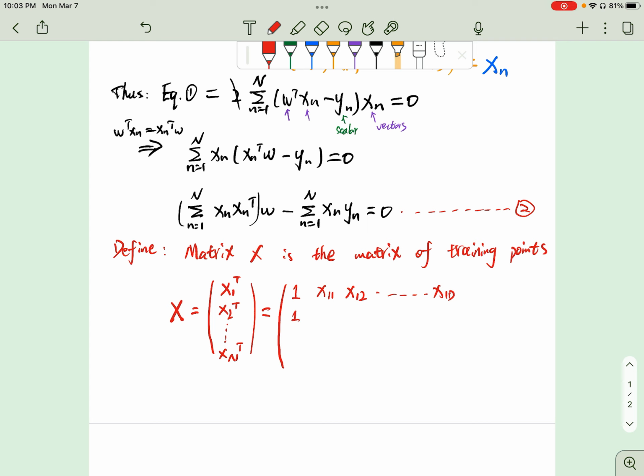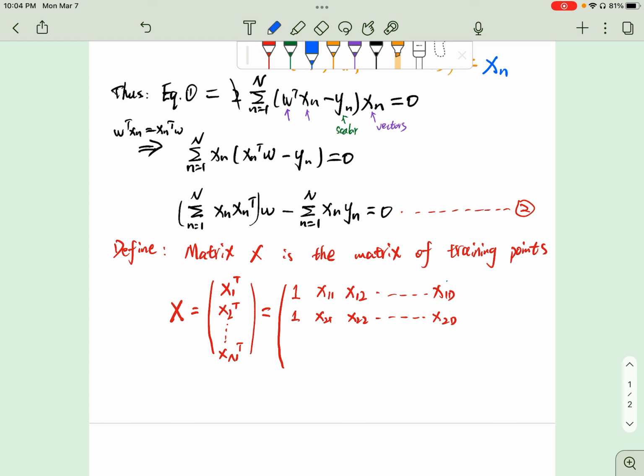It is the feature vector belonging to the second sample. So this is X21, X22, X2D.